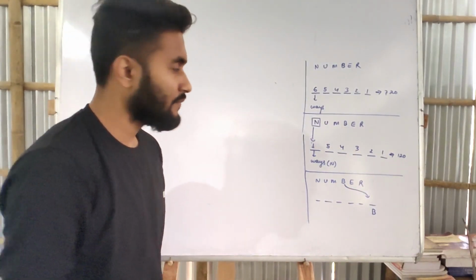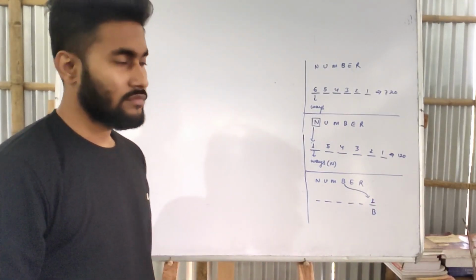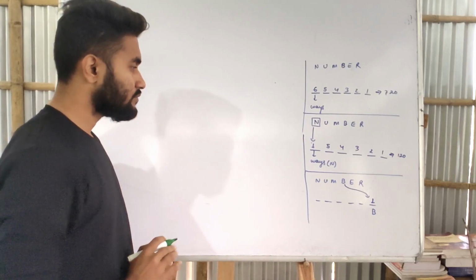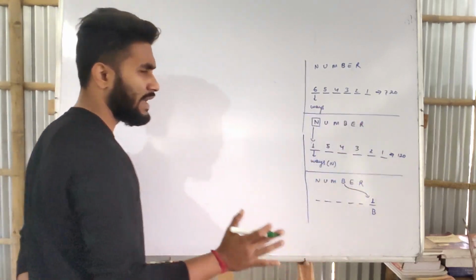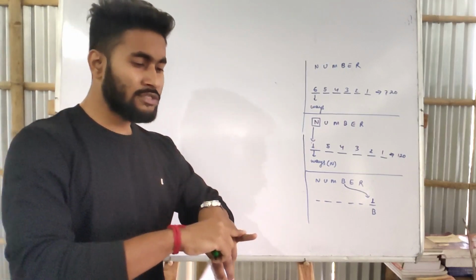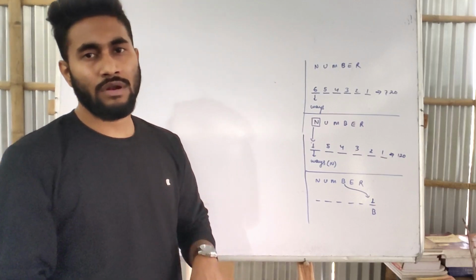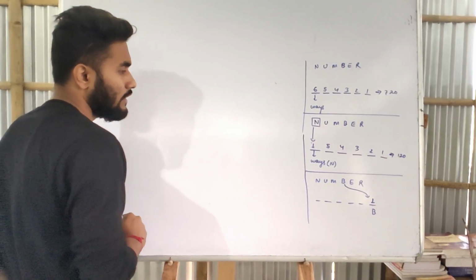Because it has to end in B. That means only one way. You see, the answer will be the same: always 120. It begins with B, then 120. Begins with M, 120. Ends in B, 120. Ends in M, 120.